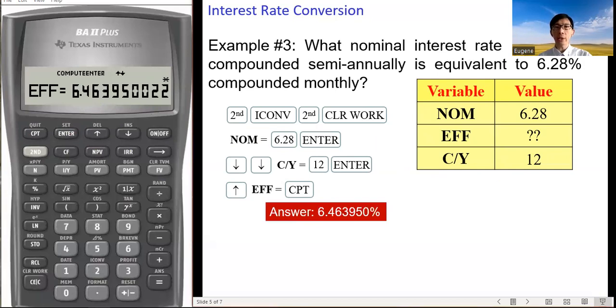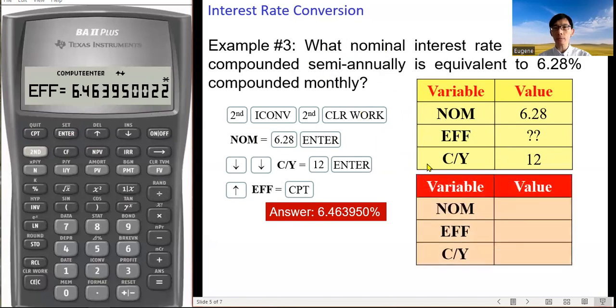And we will use this value to convert to the nominal interest rate compounded semi-annually, which is asked in the question. So we have the effective interest rate, 6.463950. We don't need to re-enter this again. This is already saved in the calculator. We need to compute the corresponding nominal rate compounded semi-annually. So CY equals 2.